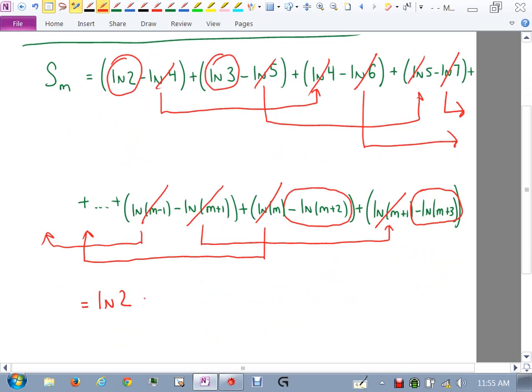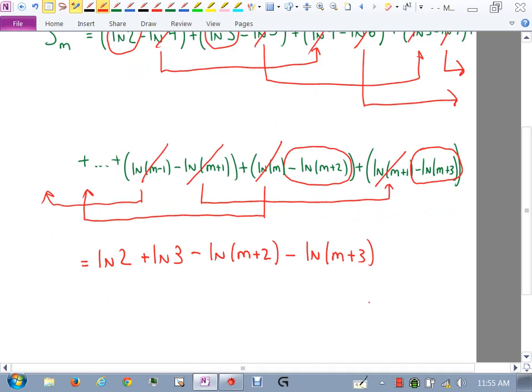ln 2 plus ln 3 minus ln m plus 2 minus ln m plus 3. Uh-oh.